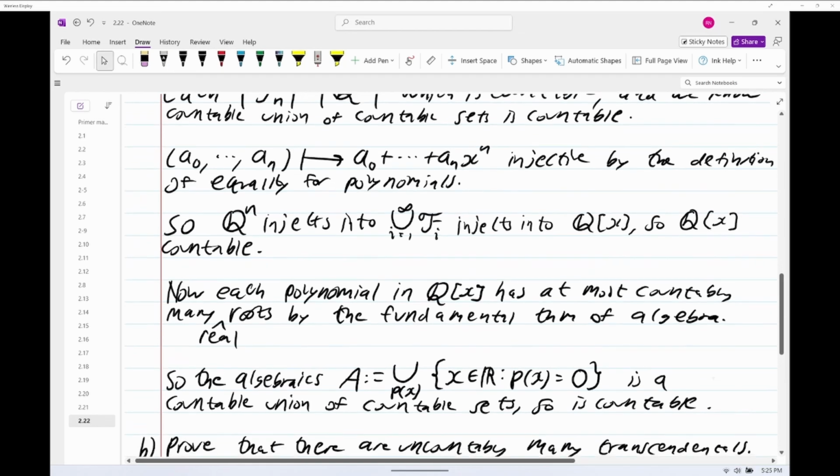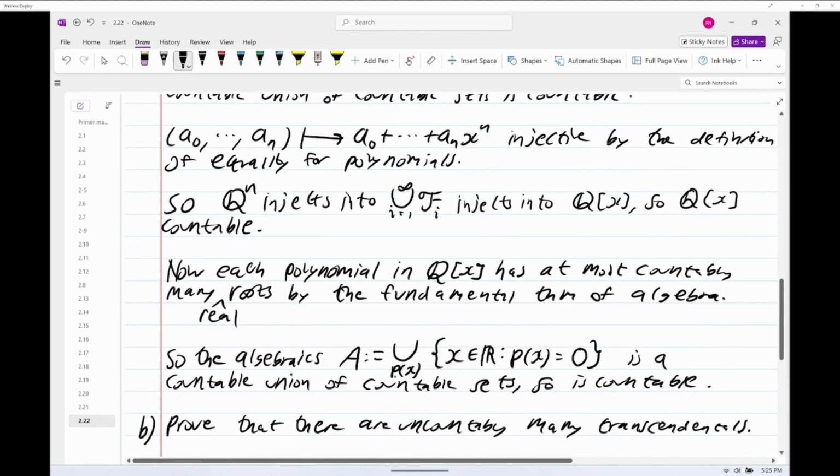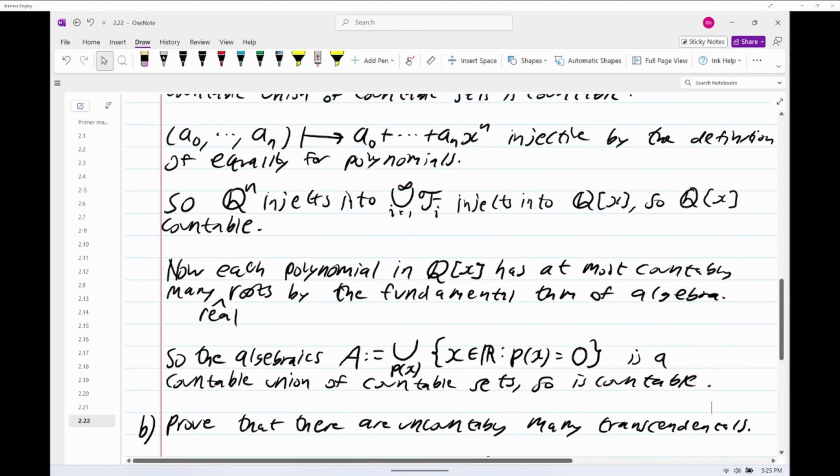So the algebraics, which is going to be the union over all the polynomials of the real numbers such that the polynomial is 0, is a countable union of countable sets. And so A is countable because there's countably many of these, and each of these is countable. So this union is going to be countable. Which makes sense. Now, a proof that there are uncountably many transcendentals.